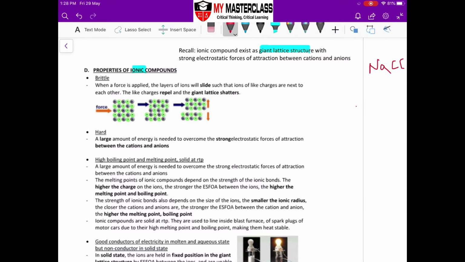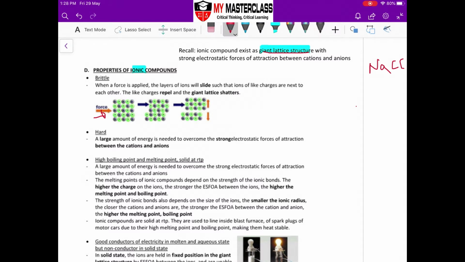If you think about it, the salt that you see in the kitchen cannot be made out of one sodium ion plus one chloride ion. It's actually many sodium ions and many chloride ions joining together to form the salt that you see in the kitchen. They form a structure called a giant lattice structure, which looks something like this.